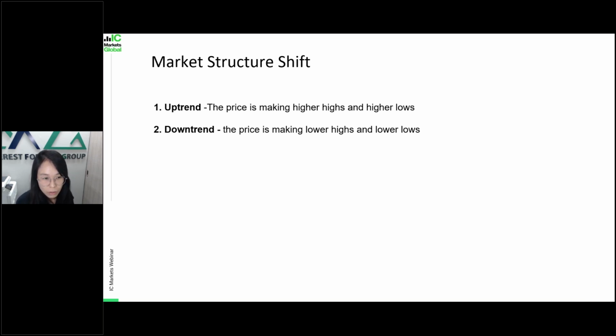If the price is in an uptrend, the market structure shift is where a lower low is made. This is where market structure has changed. If the price is in a downtrend, the market structure shift is generally going to be at a point where a higher high is made.